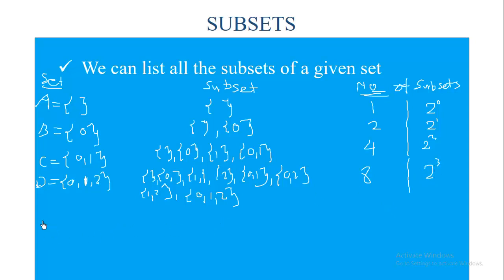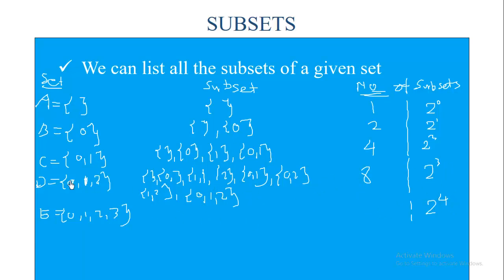So if we have a set, let's say set E, with elements 0, 1, 2, 3, this is having 4 elements. Without listing them, we can tell that the number of subsets will be 2 raised to the power 4. That is 2 raised to the power 1, 2, 3, 4, the number of elements. 2 raised to the power of the number of elements will give us the number of subsets.